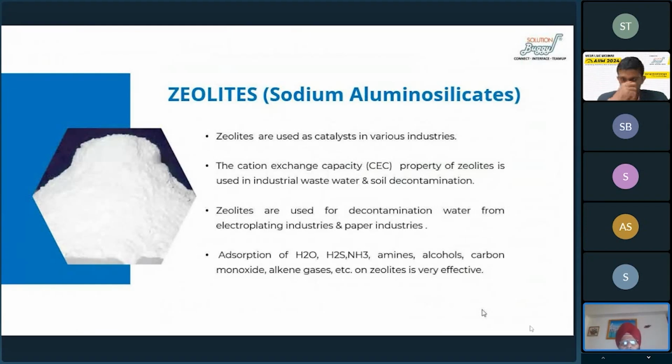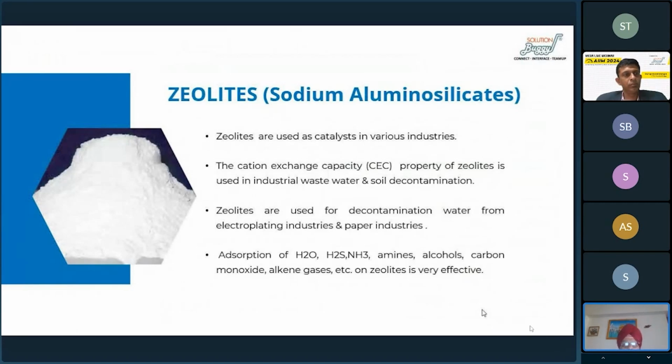Sodium can be exchanged with other metals, which will make it more active for certain reactions. So according to the reaction, the cations can be changed also. They work as a catalyst, and because they are porous, there is also activity of specific types of chemicals in the pores, and they can be converted into different required chemicals.